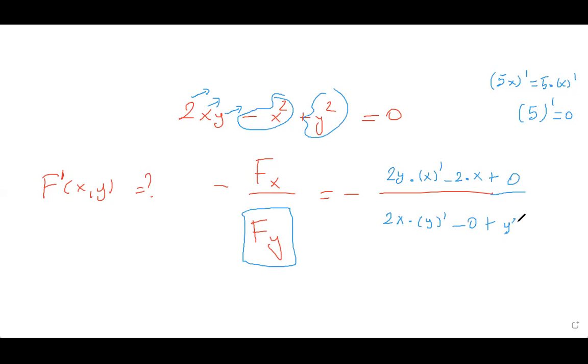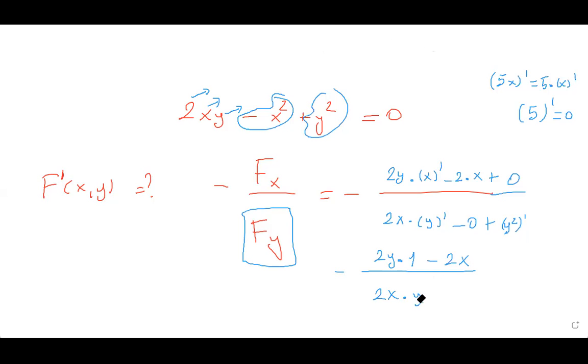So let me copy the derivative of y squared. And then the numerator will be 2y times, what is the derivative of x? It is 1, minus 2x. What is the derivative of y? It's y prime, but the derivative of y with respect to y is 1.